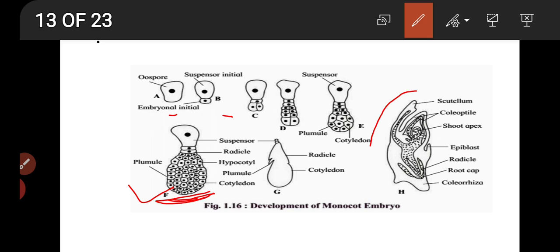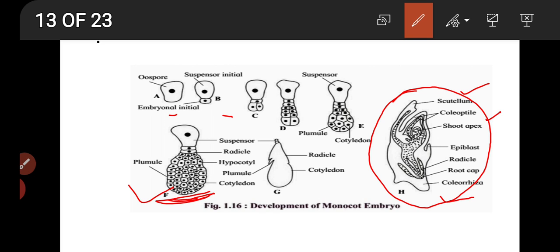But after the octant formation, a single cotyledon is produced, and the single cotyledon is called the scutellum. The protective coating of the plumule is called the coleoptile. The protective coating of the radicle is called the coleorhiza.